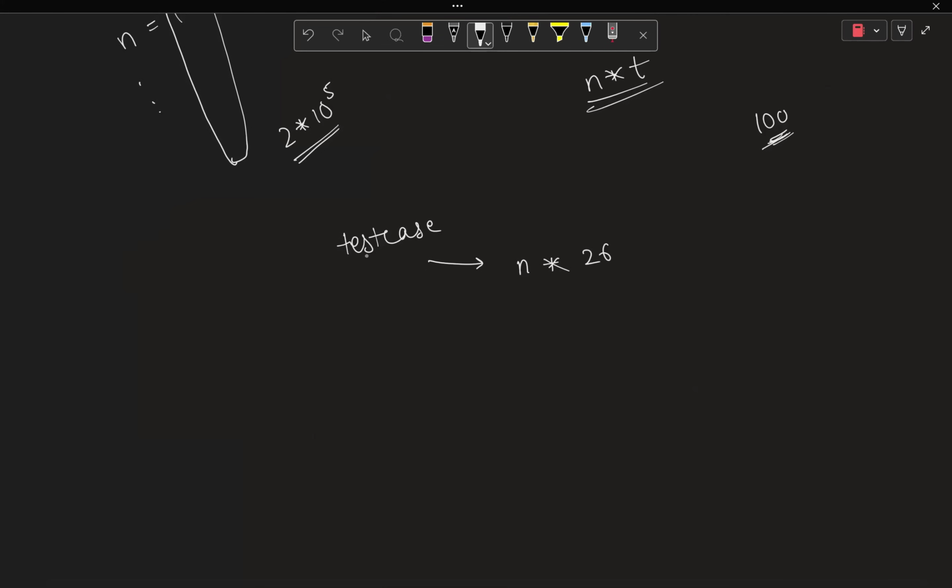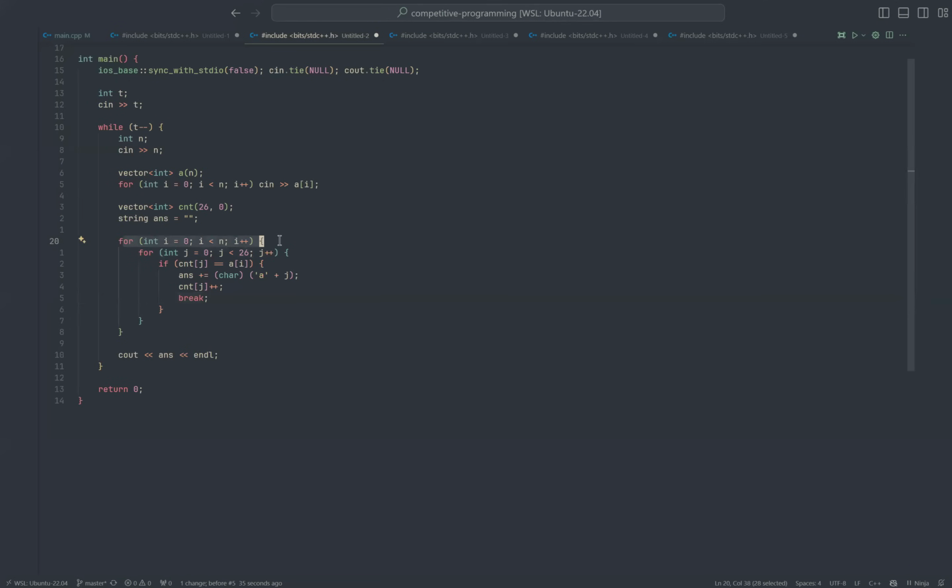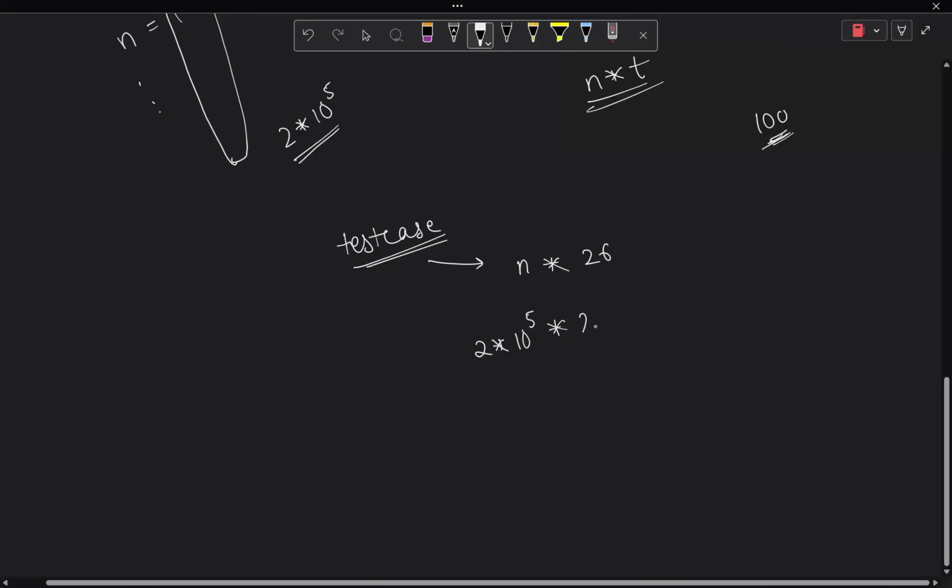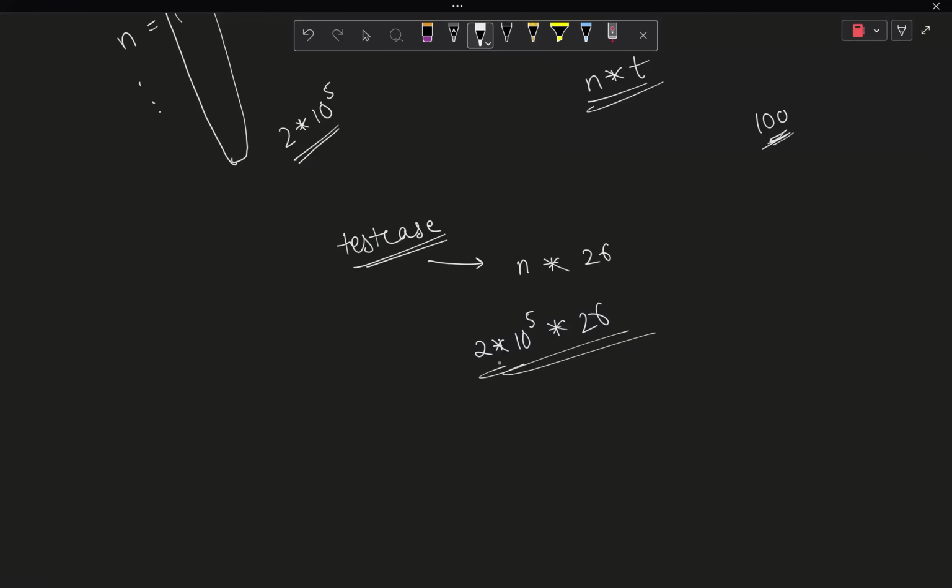And we know that when you talk about all the test cases, the sum of n will be at max 2 into 10 raised to the power 5. There will be only that many iterations, and for all of those iterations there will be an iteration of 26. So this will be the approximate number of total iterations.